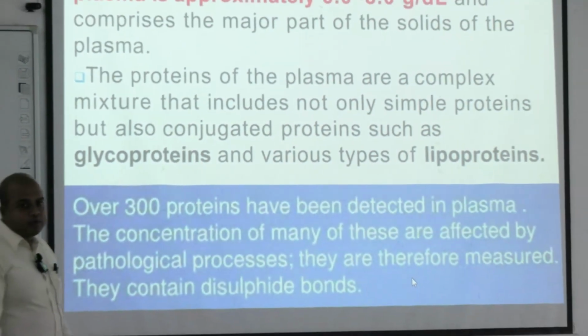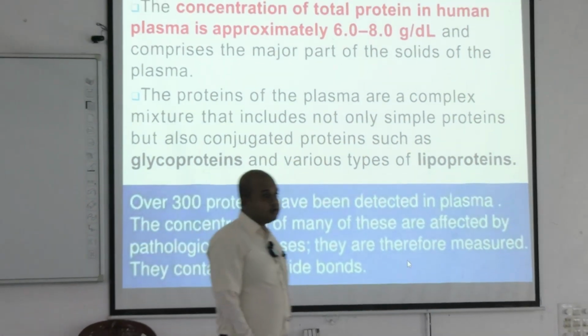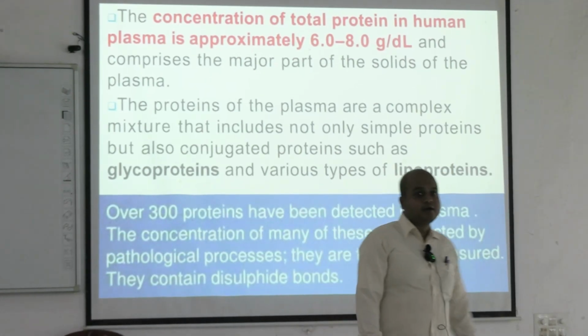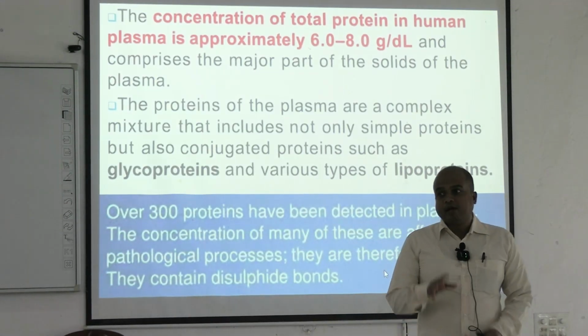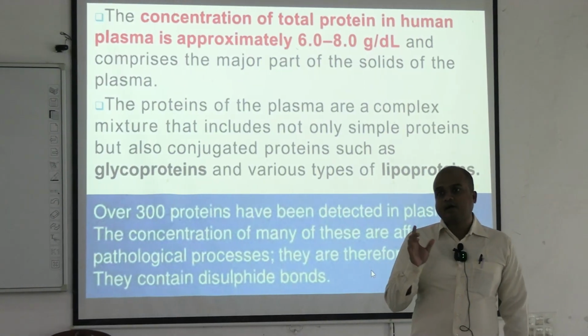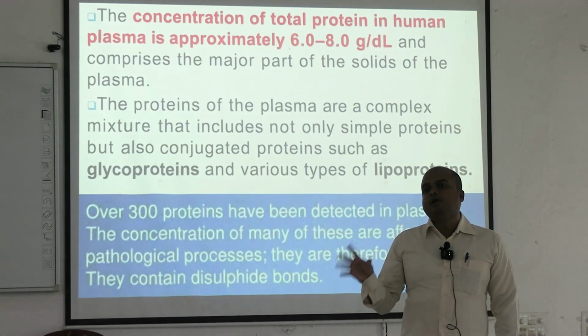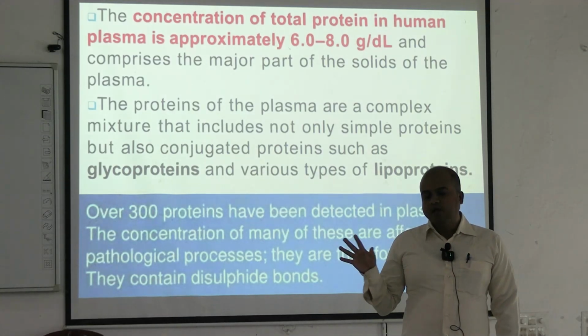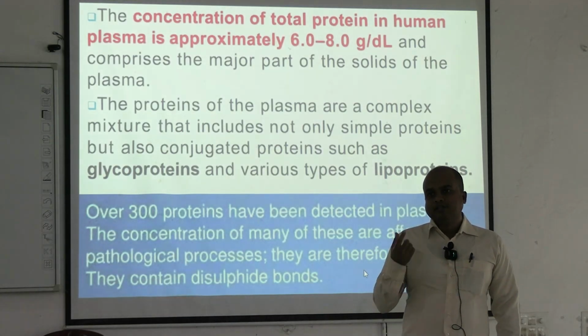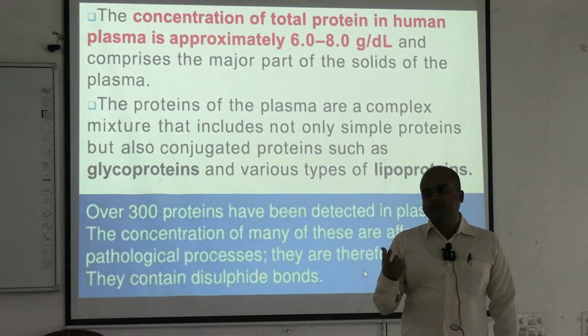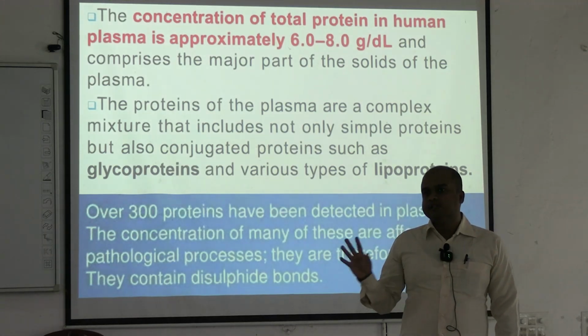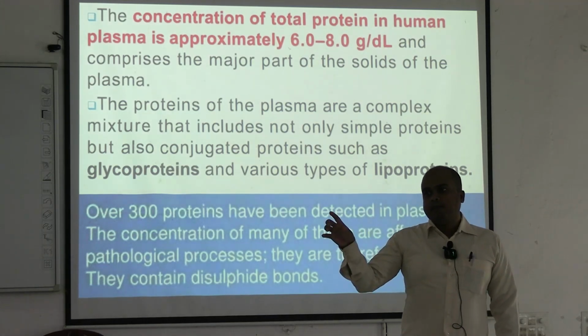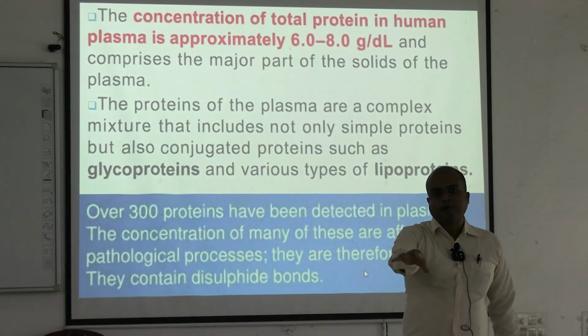About the plasma proteins, the total concentration is 6 to 8 gram per dl in blood. Whenever we speak of different components of blood, these numerical figures will come: the amount of this blood component, the number of RBCs, number of WBCs, amount of hemoglobin.